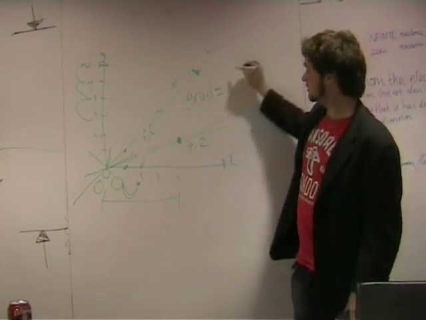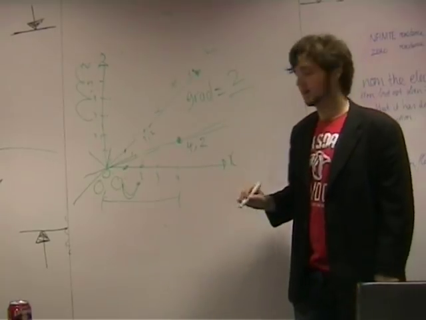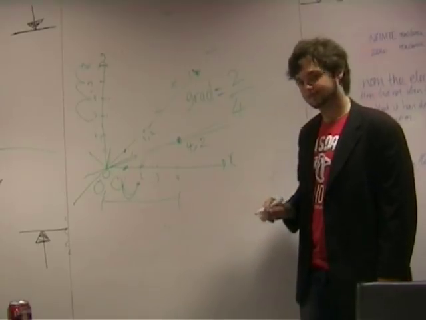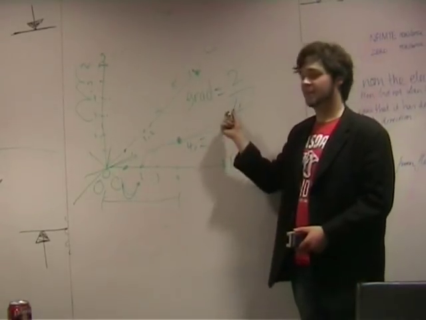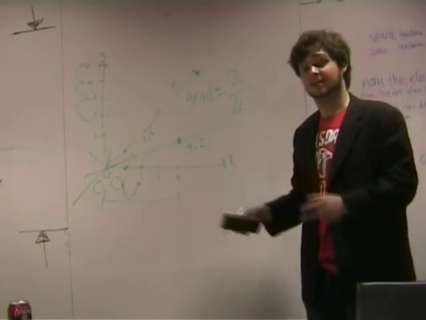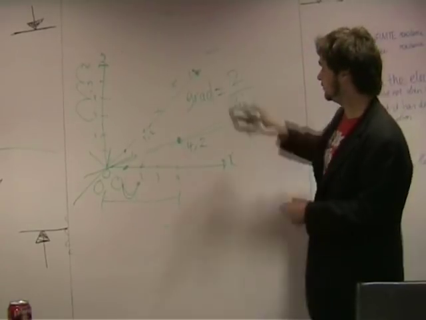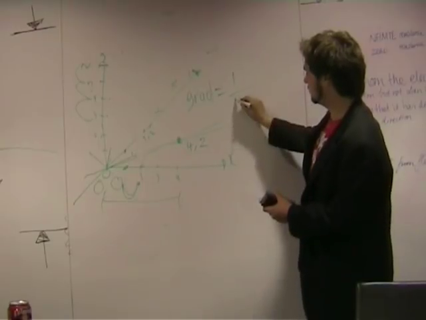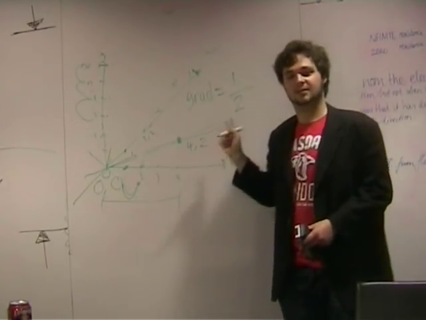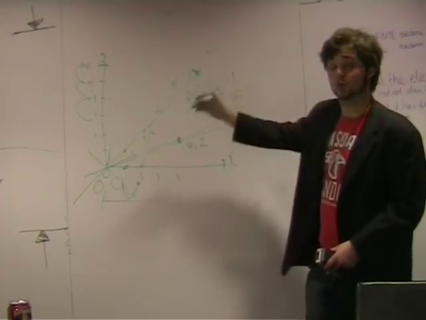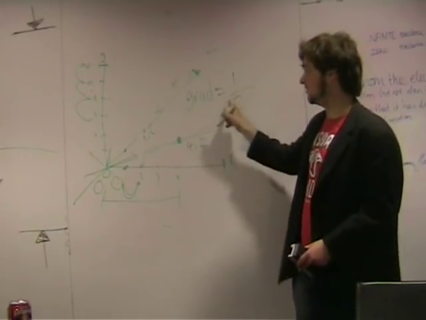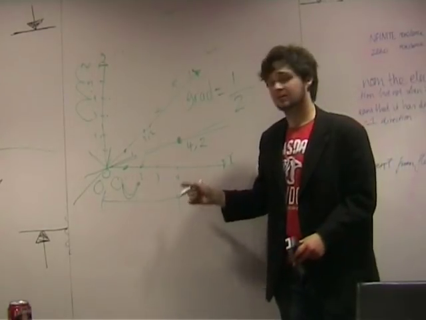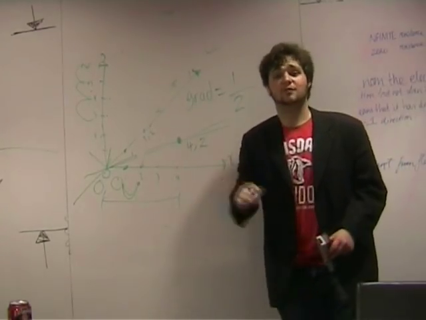The rise was 2, and the run was 4. Okay? So, look at that number, 2 divided by 4 is the same as 1 divided by 2. And that's the gradient. The simplest version of the fraction 2 divided by 4 is 1 divided by 2. Okay? And so the gradient of this graph is a half, or 1 over 2.